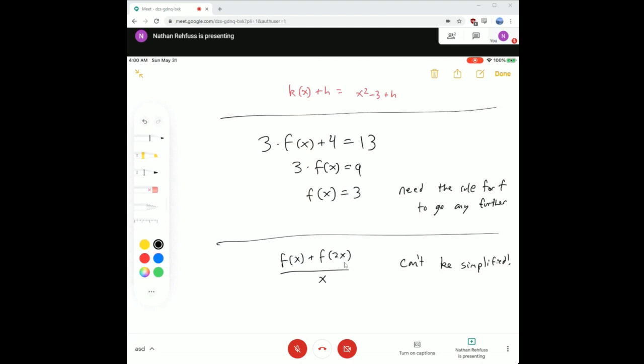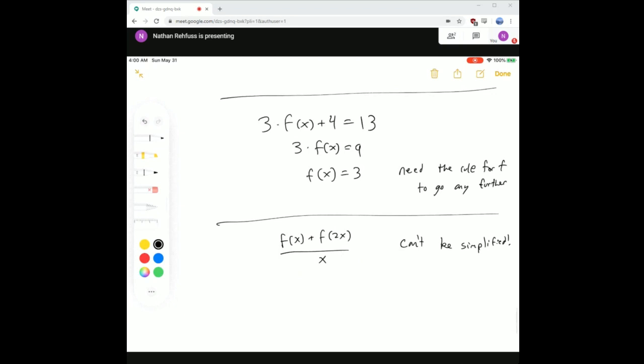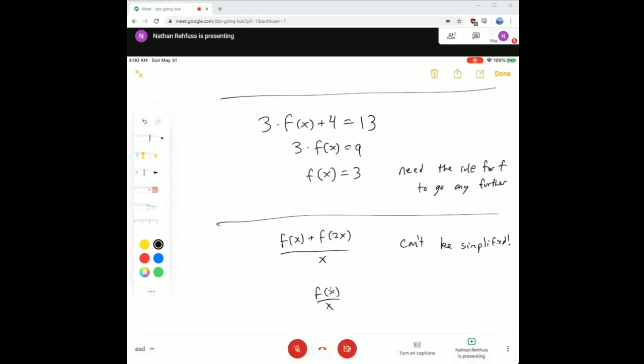So I don't know if that's going to be the same as f of 3x. Probably not. I can't cancel out this x because I can't divide the x out from inside the function. F of x divided by x can't be simplified either. So neither of these can be simplified. So I can't cancel out the x's because this one's inside the function and this one's outside the function.